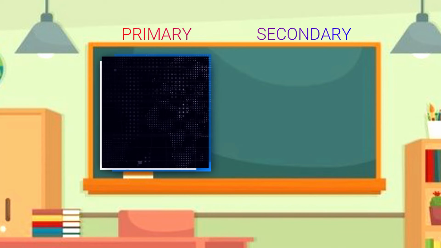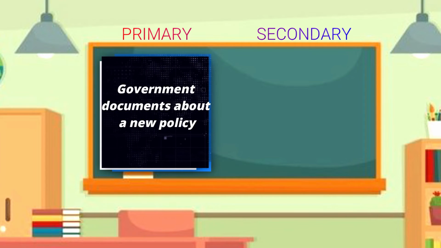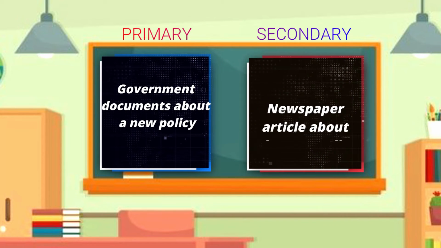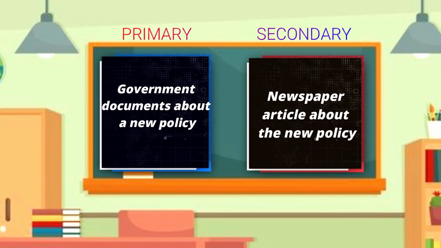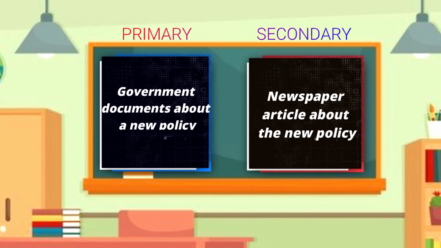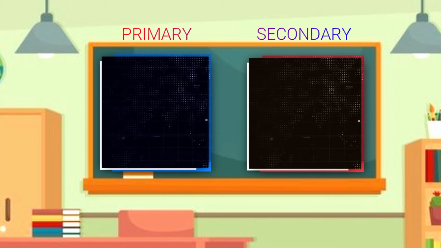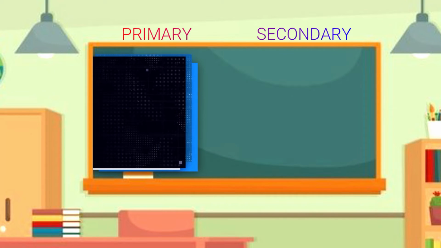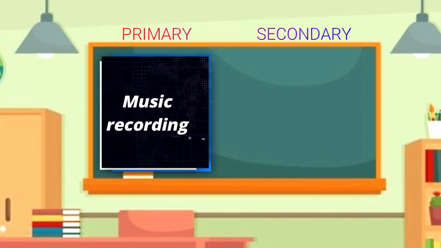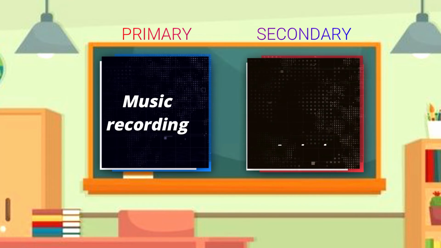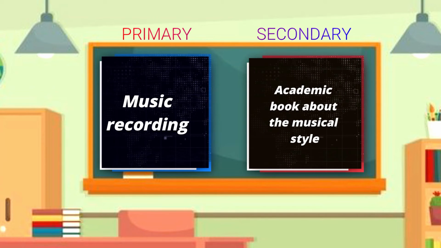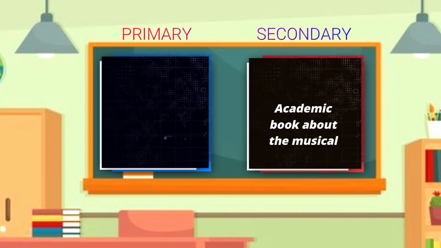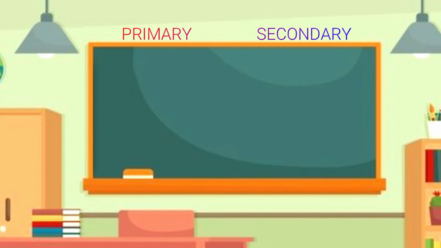If you have government documents about a new policy as primary source, your secondary source should be a newspaper article about the new policy. If you have a music recording as your primary source, your secondary source should be an academic book about the musical style.